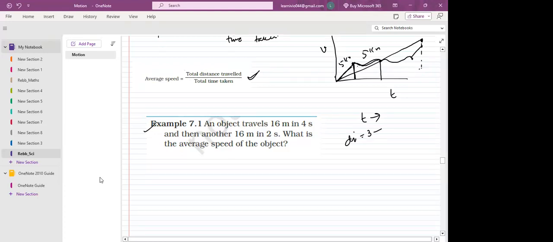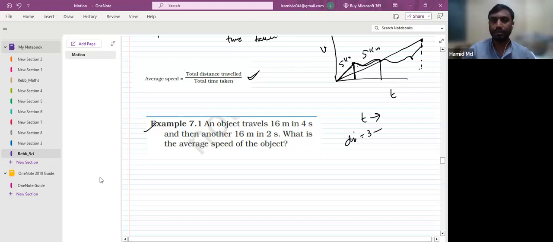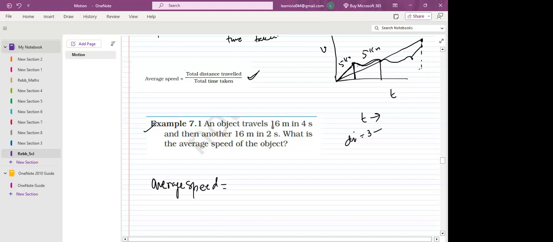So I got the answer. You got the answer. How did you solve it? Average speed is equal to... Oh, sorry, I was muted.